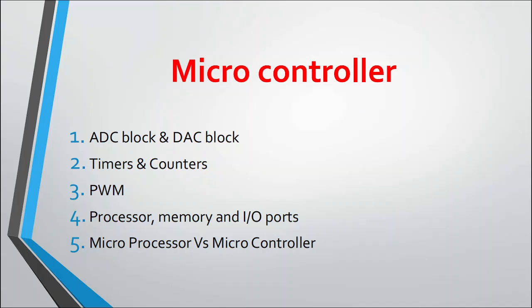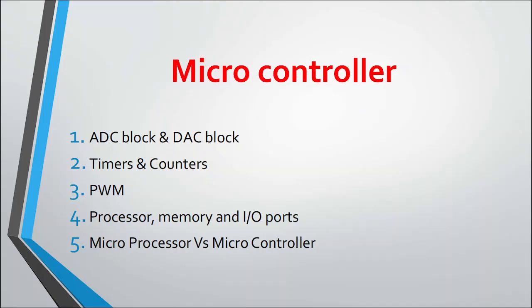They also taught us about the timers and the counters, which are normally used for producing pulses as well as generating some delay, etc. Next, they also taught us about pulse width modulation, how we can control the intensity of light using pulse width modulation, and also about the processors, memory, and the input output ports used.